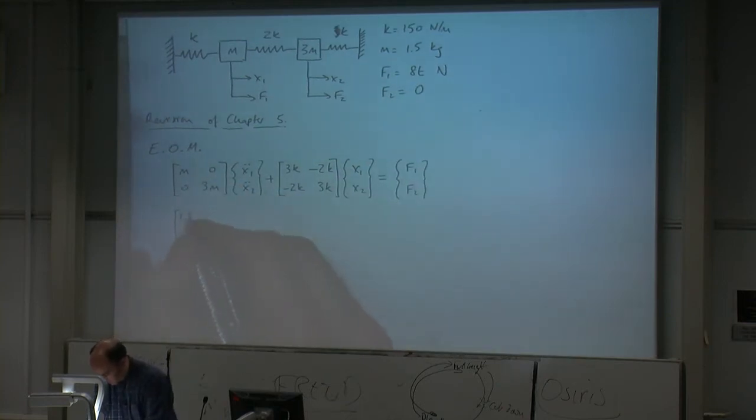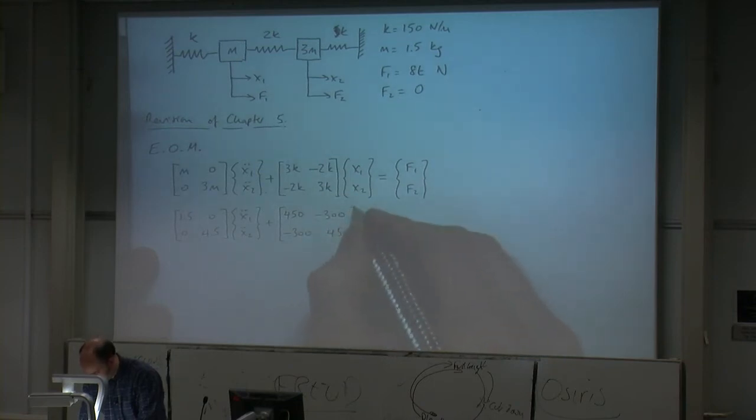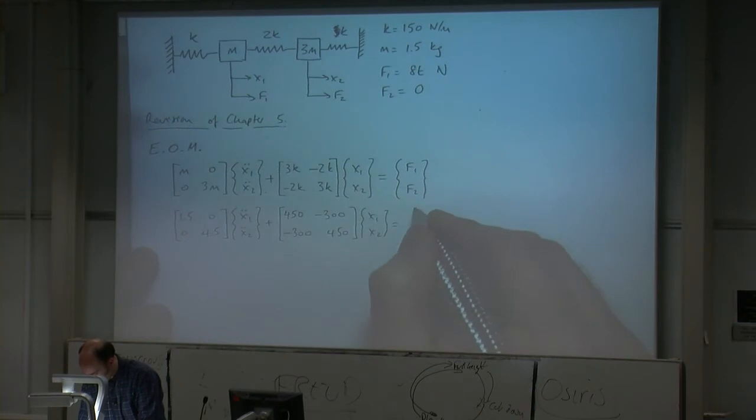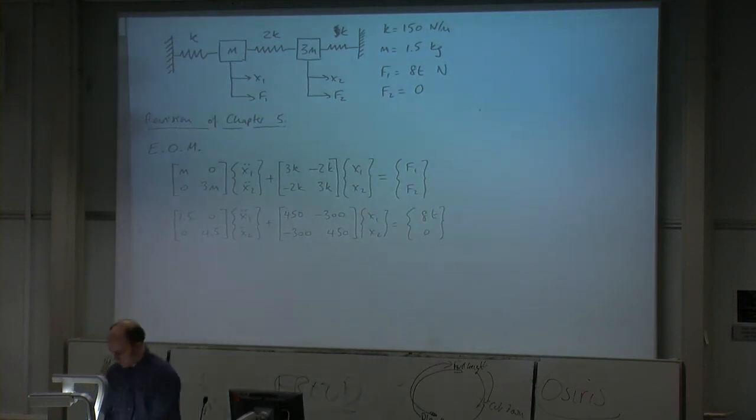So this is 1.5, 0, 0, and then 4.5 because it's 3m, times the acceleration, x1 double dot, x2 double dot, plus, and then we've got 3k, well k is 150, so that's going to be 450, minus 2k, so that's minus 300, and then 3k again, so that's 450 down here, times the displacements, equals 8t here, and 0 here. There is our equation of motion.